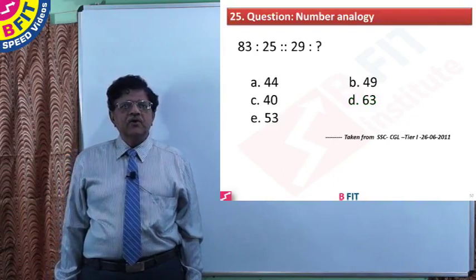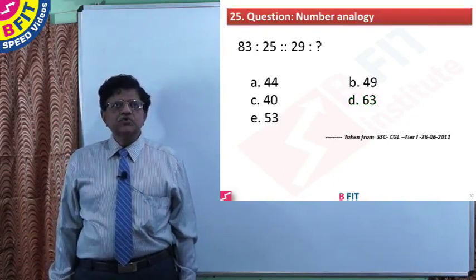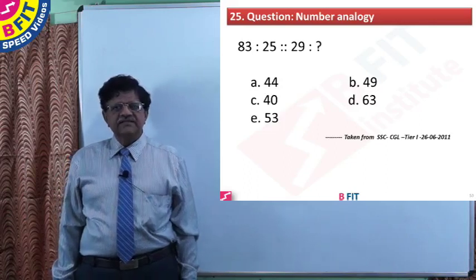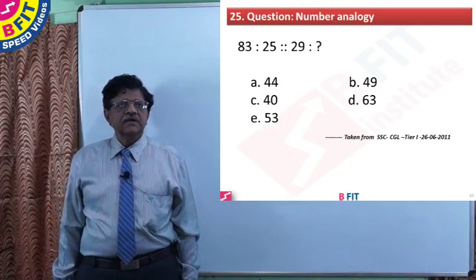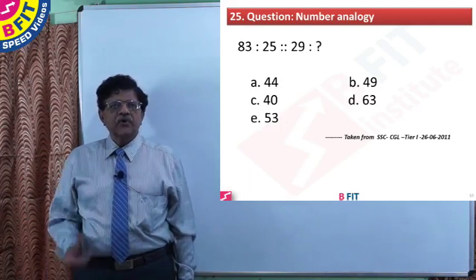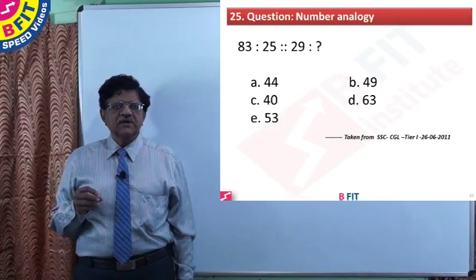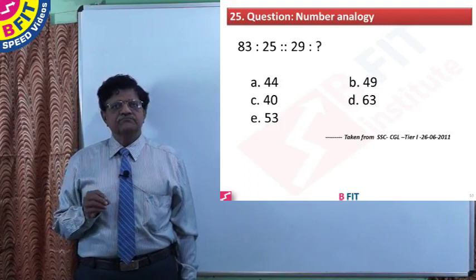Question number 25. 83 is to 25 is the same as 29 is to what? 83 is to 25. If you compare these two numbers, 25 is less than 83.